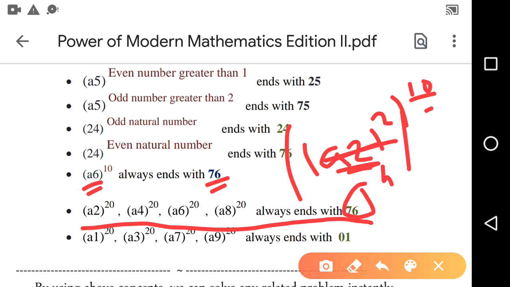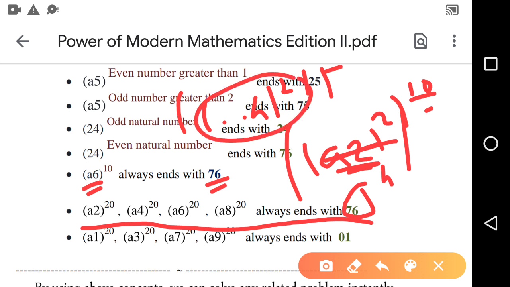So again, a number ending with 4, squared, and that raised to the 5th power, becomes a number ending with 6. And a number ending with 6 raised to the 5th power, what will it produce?